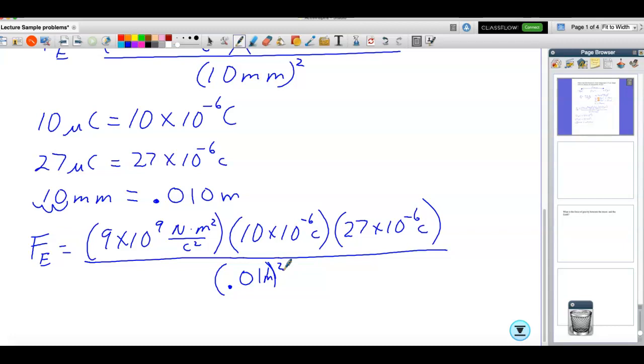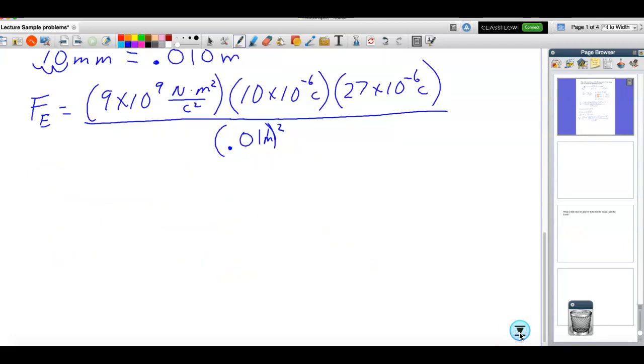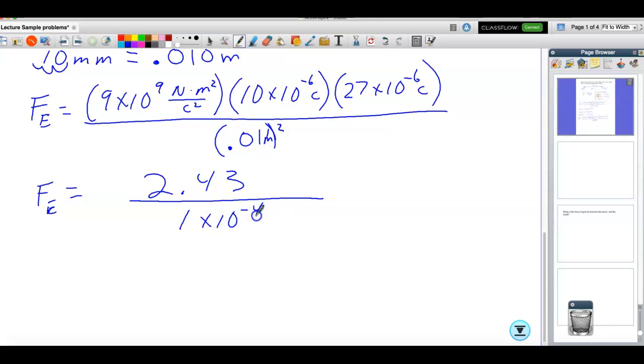Okay, so if we run it through our calculators, if we do our top first, multiply all three of those numbers together, we get 2.43. On the bottom, if we square 0.01, we get 1 times 10 to the negative fourth.